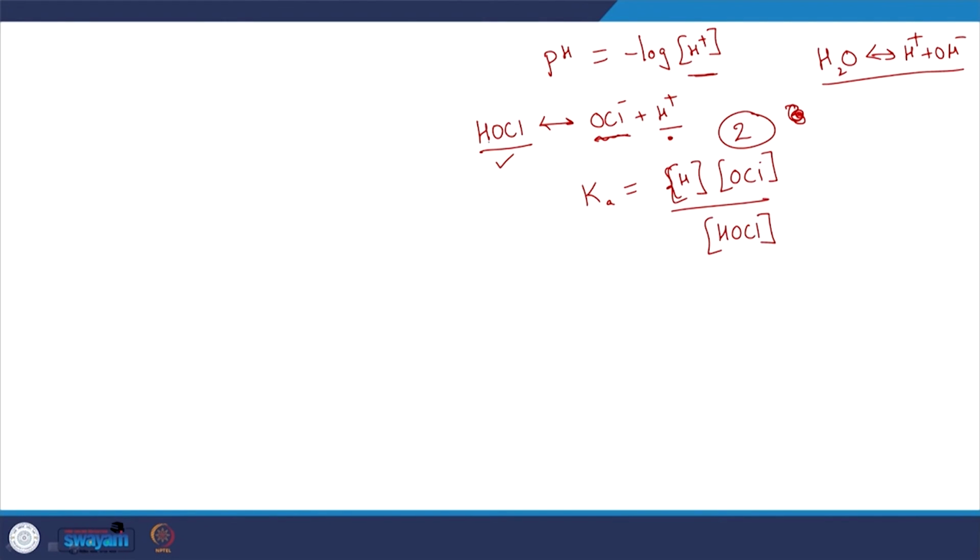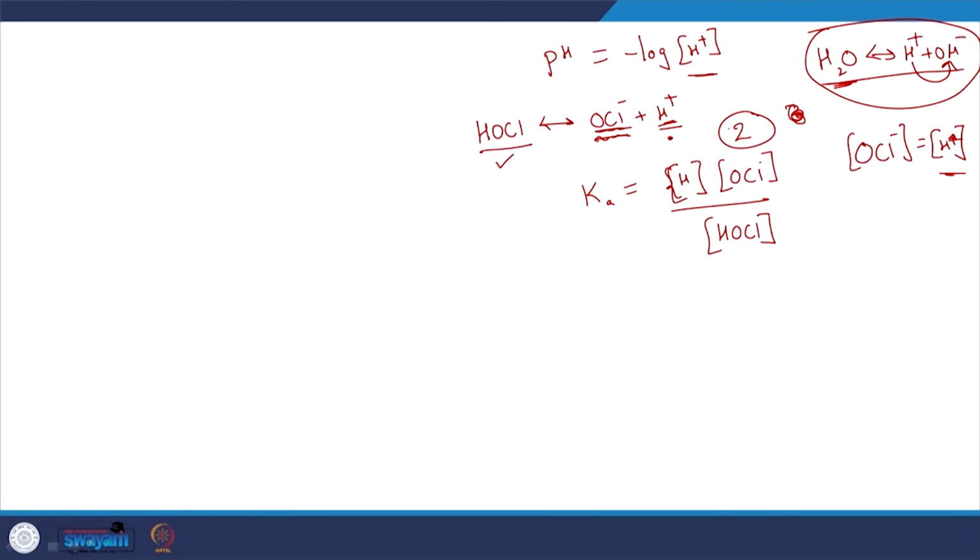So, that is not a great aspect, but why is it that they are asking us to assume that? Because then you can say that whatever HOCl has dissociated will either be as OCl minus or as H plus, meaning OCl minus concentration will then be equal to H plus, but that is not the usual case. Why? H plus can react with OH minus to go to H2O, but that is what they said, do not look at that.